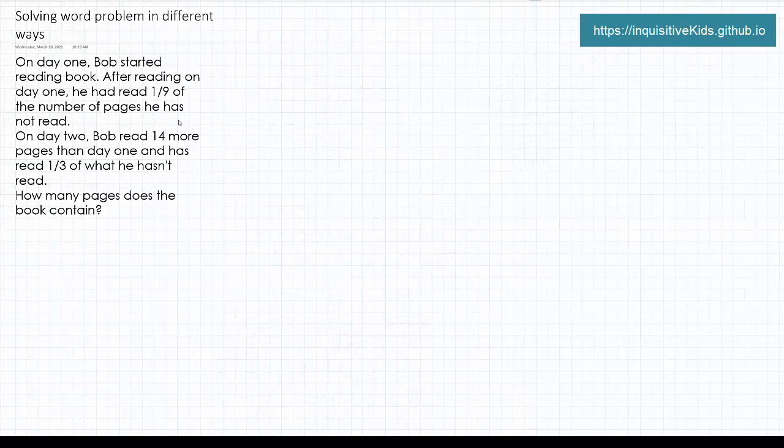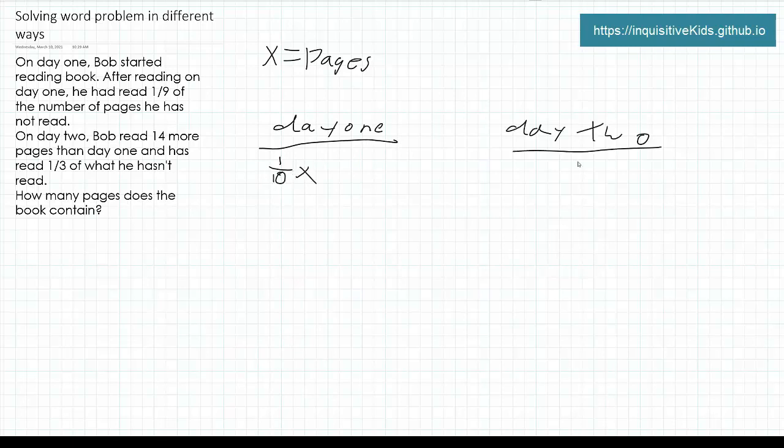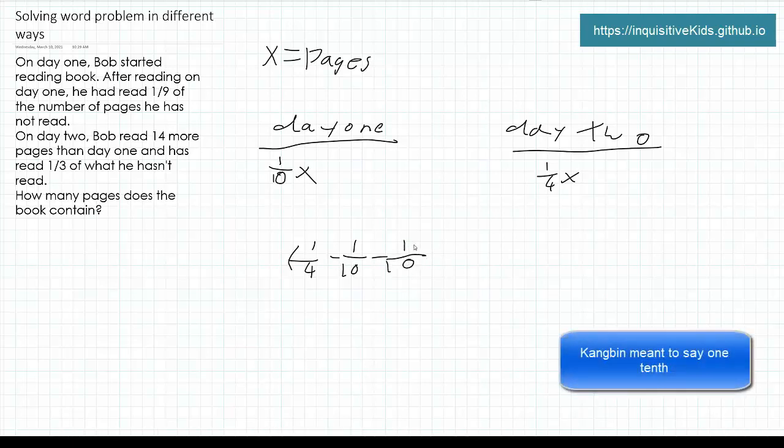The final way we can do this word problem is if we set x equals the amount of pages in the book. So then on day 1, Bob will have read 1/10 x. On day 2, Bob will have read 1/4 x. Now we know this, we can set up the equation 1/4 x minus 1/10 x, which is how much he read on day 2, and then minus another 1/10 x because we want to know how much 14 is.